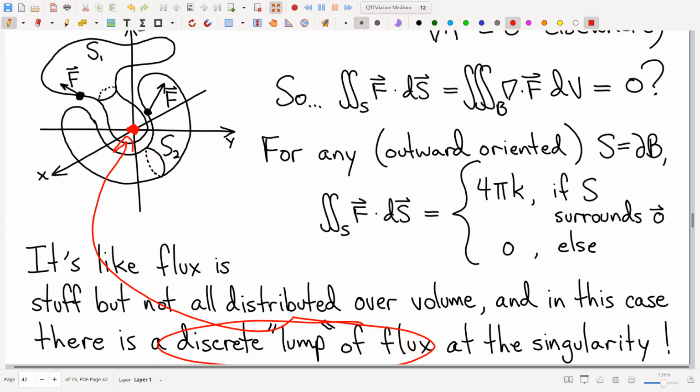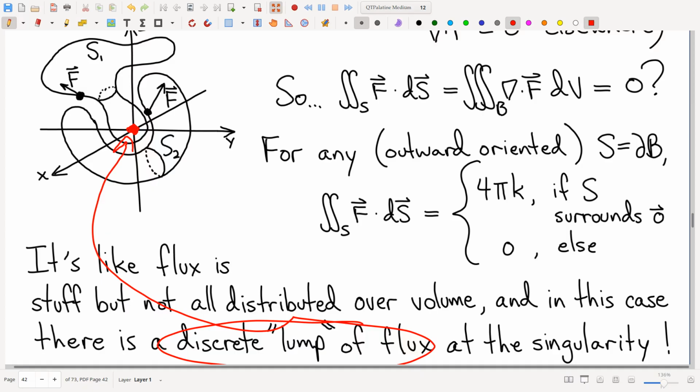Okay, now let's talk about this surface S2. What is the flux through S2? I need to look at how much stuff there is on the inside. How much stuff is there? Well, divergence is 0.